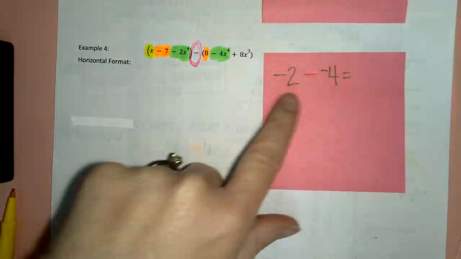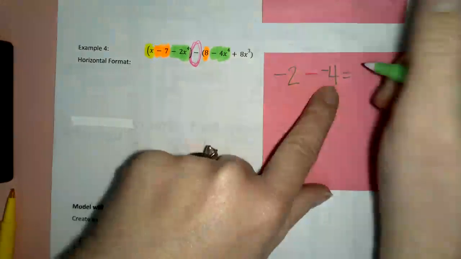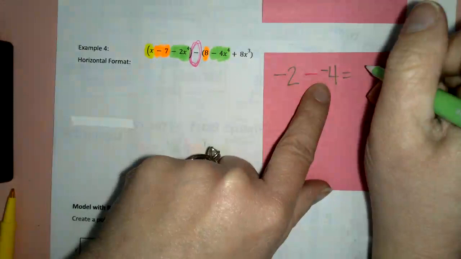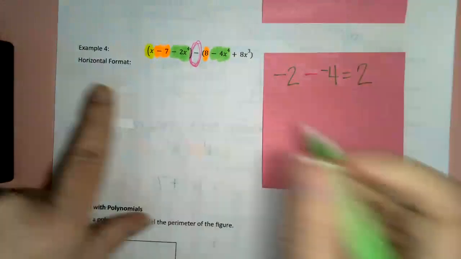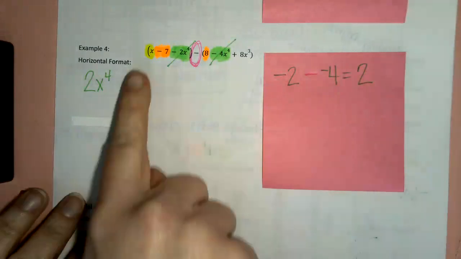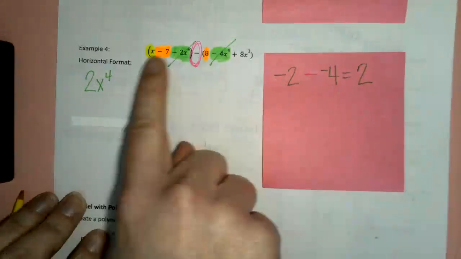Negative 2 minus negative 4 is what? It's positive 2. So now I have 2x to the 4th. So I've got the x to the 4th done. And if you want to mark them out like that, showing yourself that you've got them done, that's fine with me. Go right ahead.